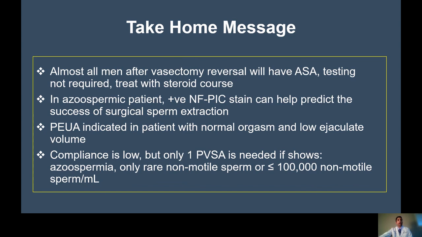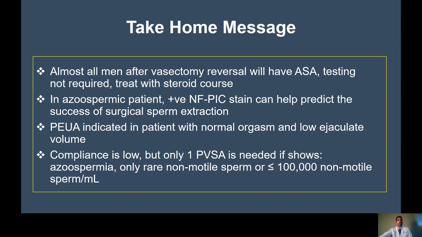However, in the situation of a man with vasectomy or vasectomy reversal, ASA testing is not required, as there likely are anti-sperm antibodies due to the violation of the vas deferens and testicle during the surgery, and the treatment is a 1-month course of steroids.